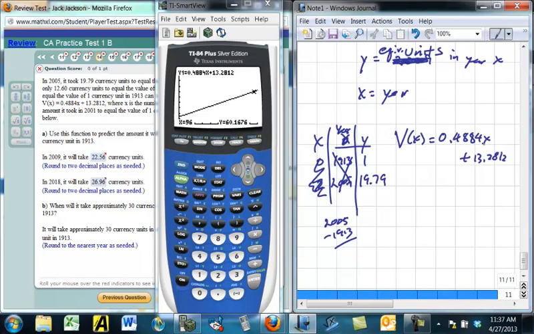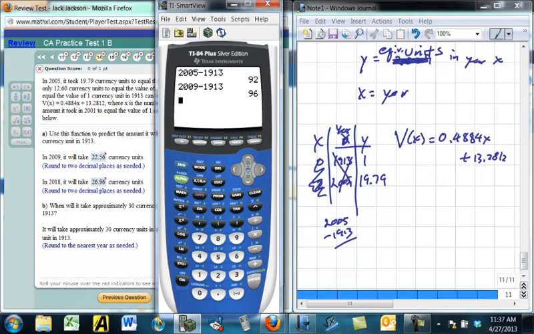Okay, start over again. Actually, the formula is still in there right, but it's 2009 minus 1990, which would be 19. Let me change my window just a little bit. Let's go from negative 100 to 100.